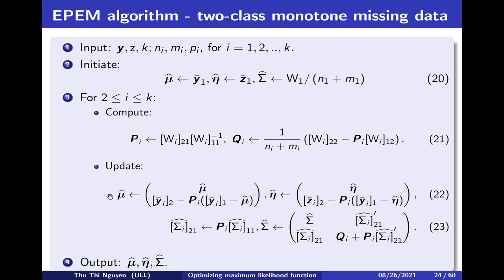After that we can update the means, and then the partition of the covariance matrix, and then update the covariance matrix based on equation 23.